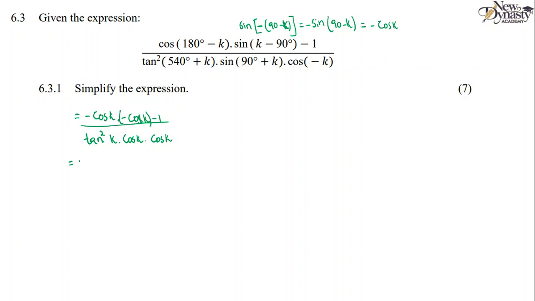The minus sign and the minus sign for the cos are going to cancel each other. So a negative times a negative is positive, and we're going to have cos squared k.